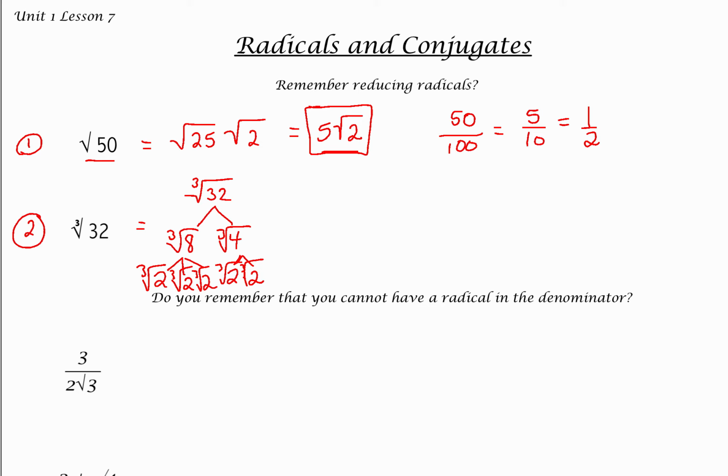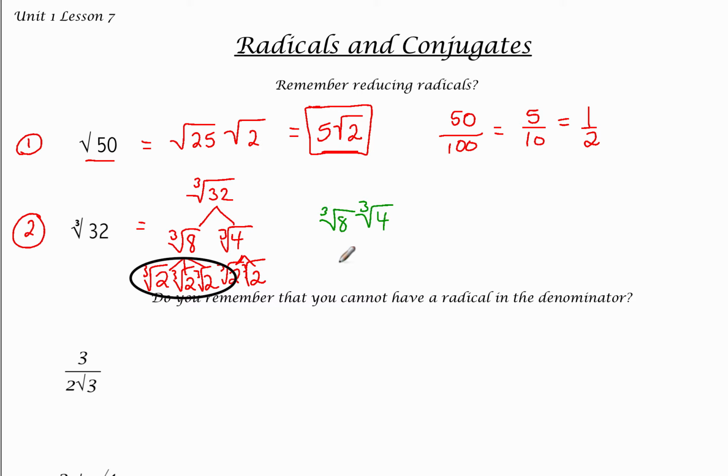So now since they're cube roots, what I'm looking for are groups of 3. What you can see here is that 8 was a perfect cube, because 3 twos got me 8. So if I reduce the cube root of 32, really what I'm seeing is the cube root of 8 times the cube root of 4.